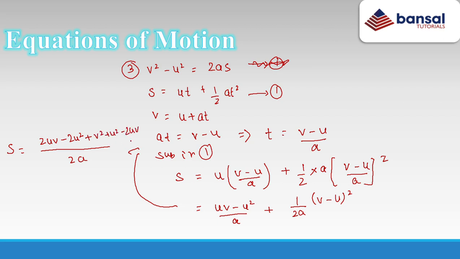This is the formula of a minus b the whole square. 2uv cancels out. It becomes 2as. This 2a goes to this side, is equal to v square plus u square minus 2u square. It becomes v square minus u square equals 2as. So this is your third equation of motion.